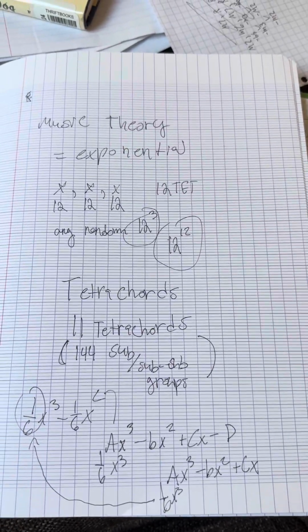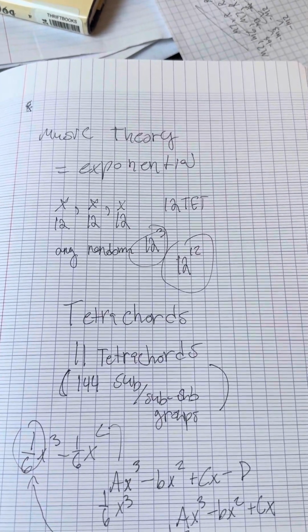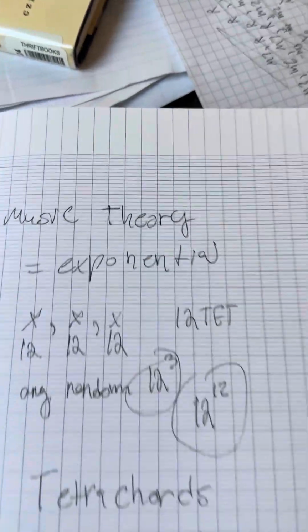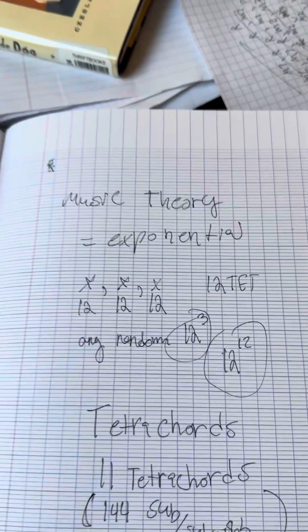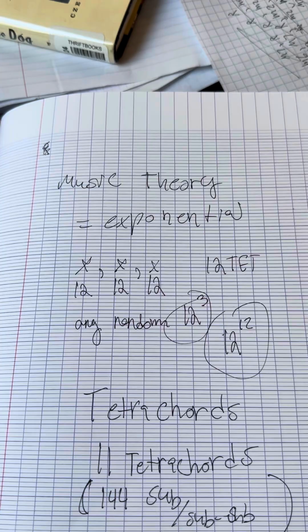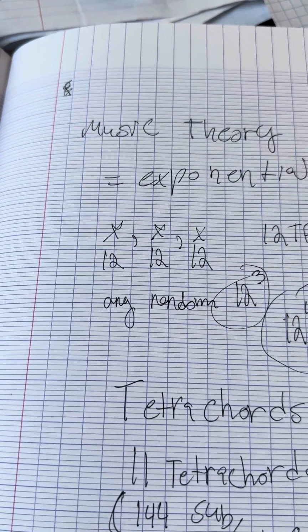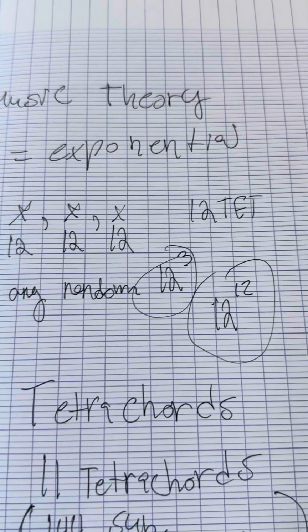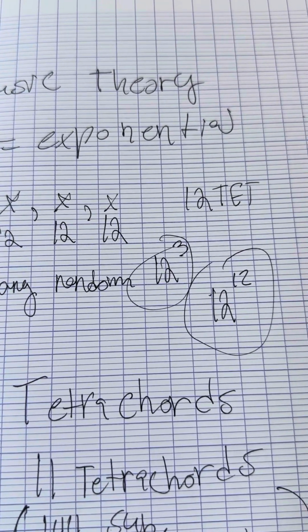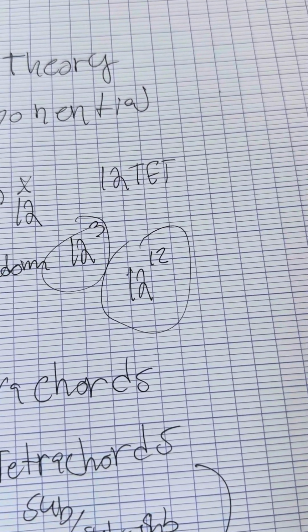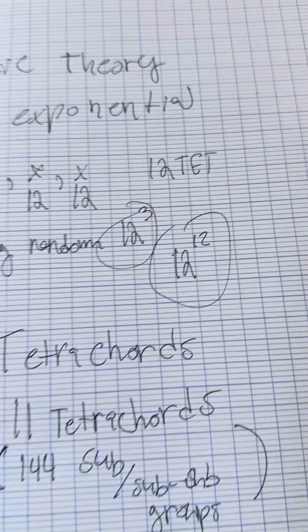So, music theory, when you're really getting into it, you'll find out is like an exponential thing. Things are all going to work, at least in 12 tone, by numbers of 12. So you can end up with 12 to the power of 3, 12 to the power of itself.